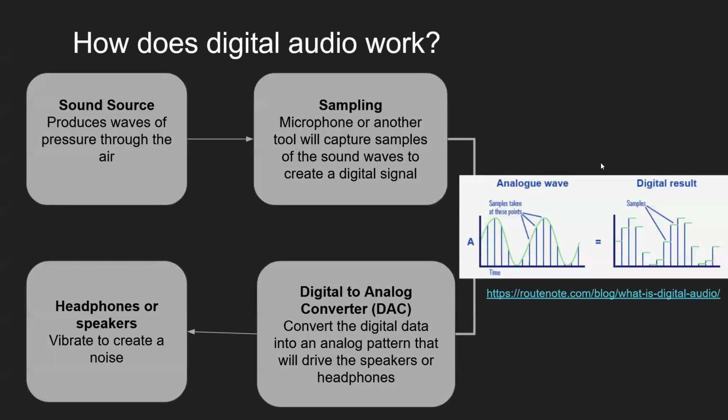Okay, so digital audio. Sound waves are waves of pressure moving through air. A microphone or another tool will capture these waves at various points, as you can see in this graphic I have over here. At certain points on these waves, it captures the current state.